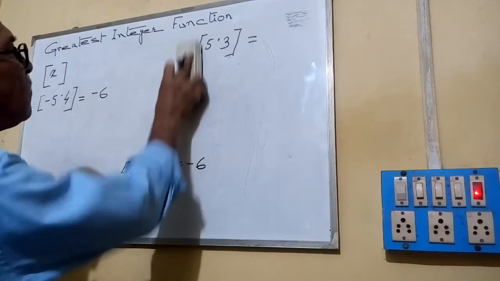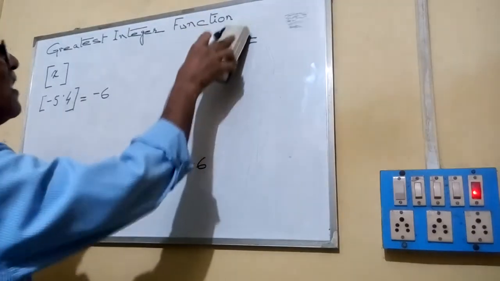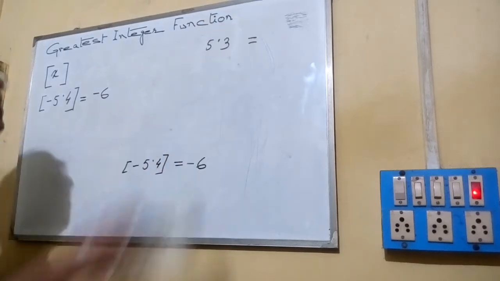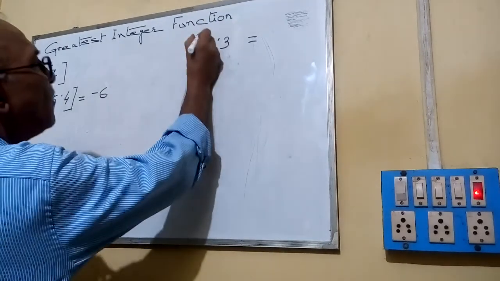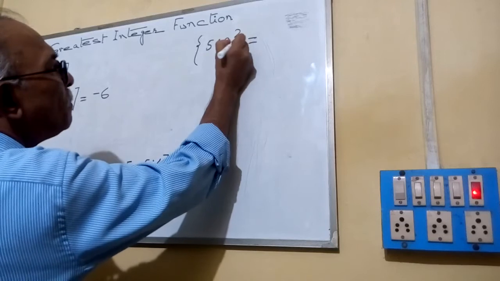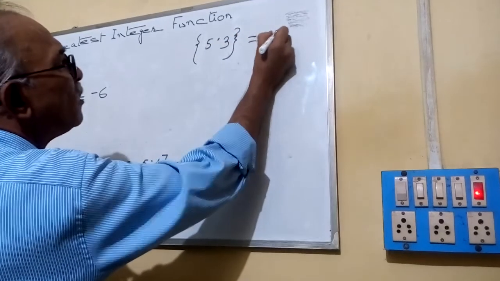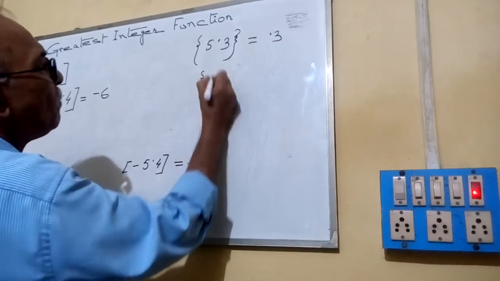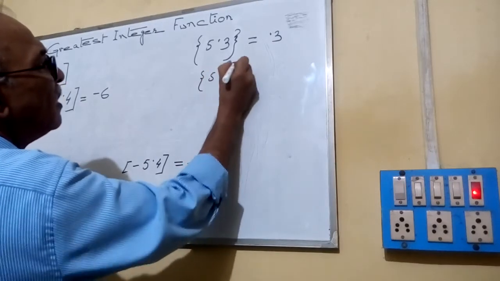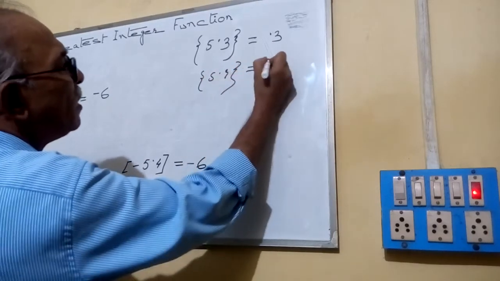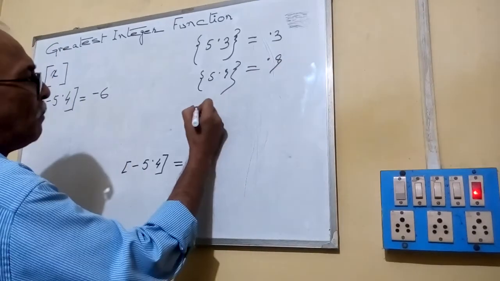To represent the decimal part we use another symbol. This symbol usually represents the decimal part of x. So this one is 0.3. For 5.9, 0.9 will be the decimal part.